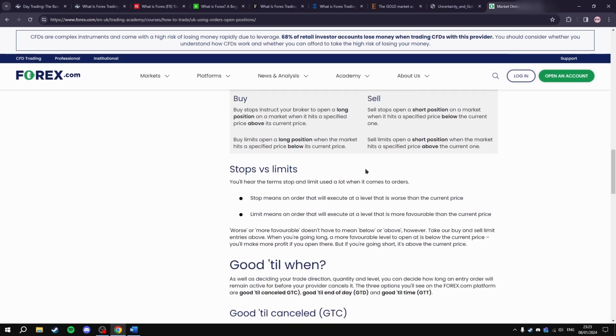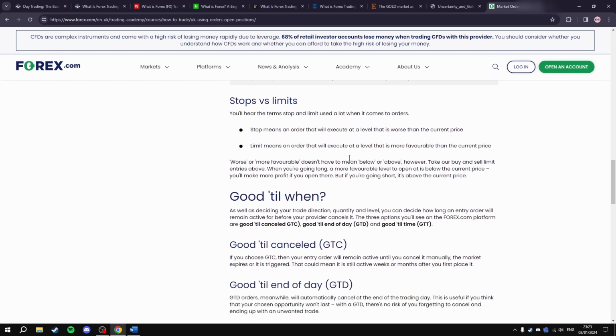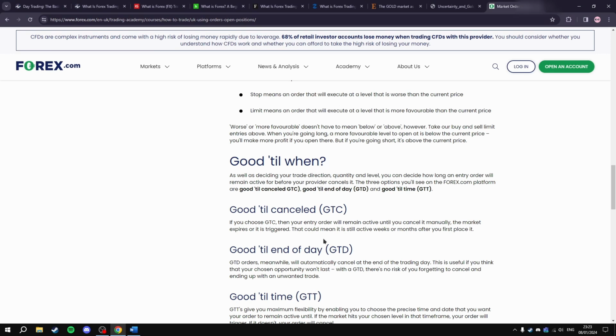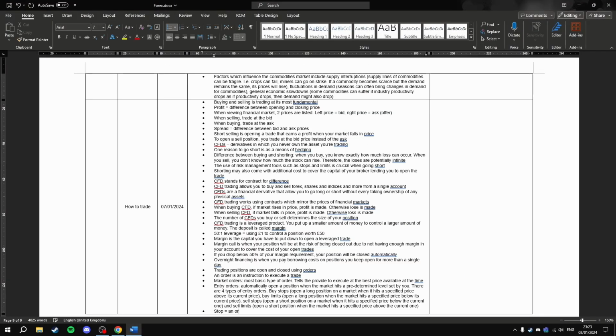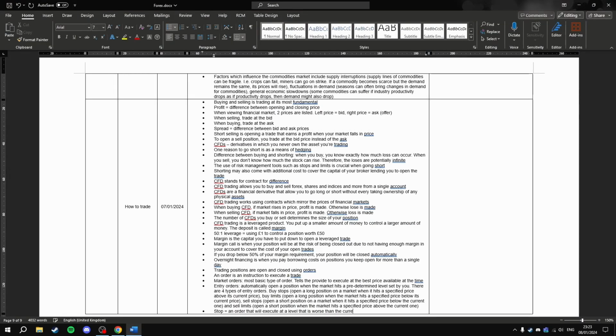Stops versus limits. You'll hear the term stop and limit used a lot when it comes to orders. A stop is an order that will execute at a level that is worse than the current price.